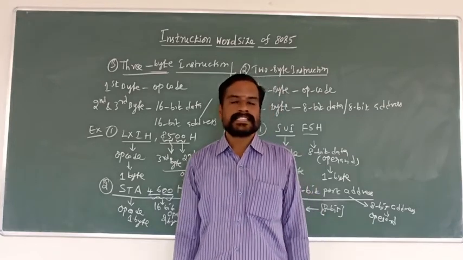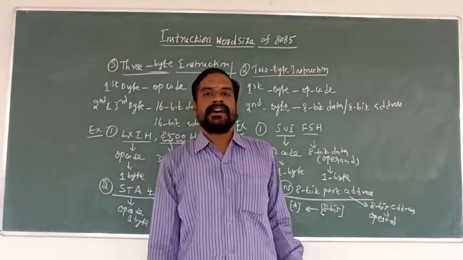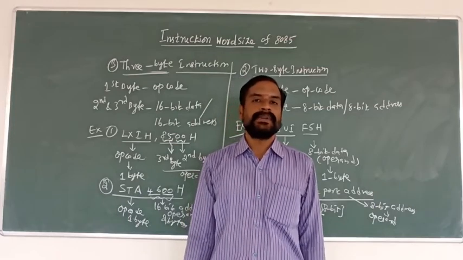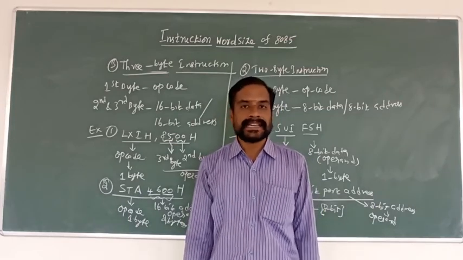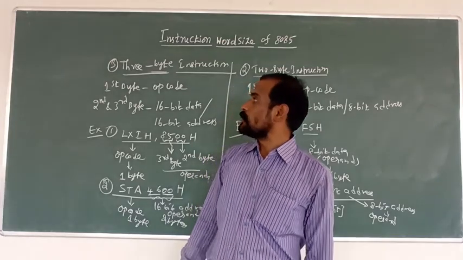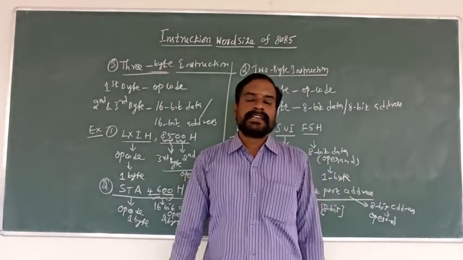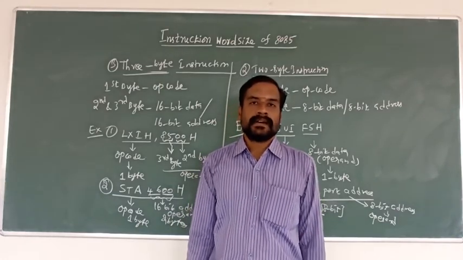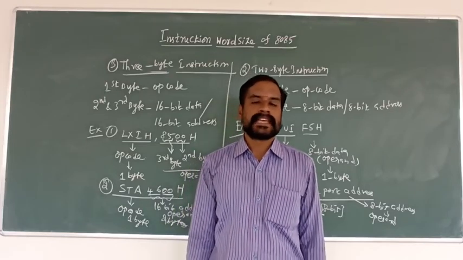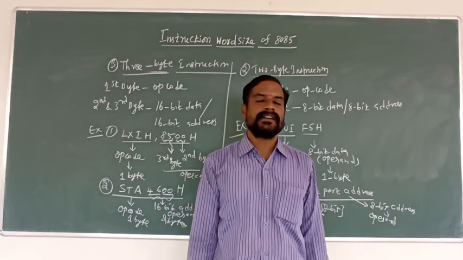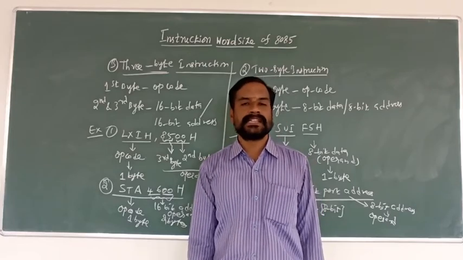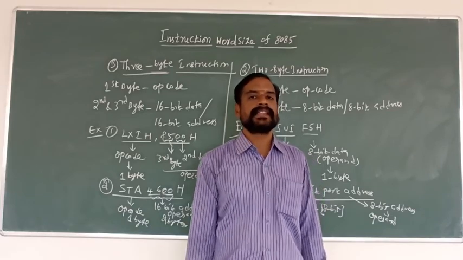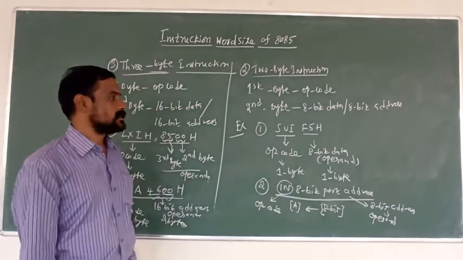The 2 byte instruction consists of the first byte opcode and the second byte either 8-bit data or 8-bit address. The 3 byte instruction consists of 3 bytes: the first byte opcode, and the second and third bytes represent either 16-bit data or 16-bit address. Total 3 byte instruction. Okay?